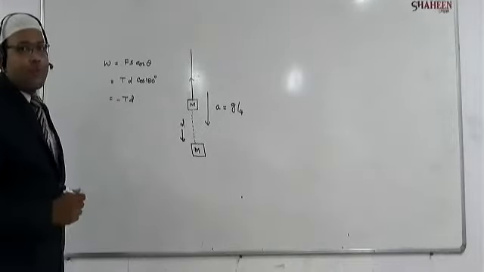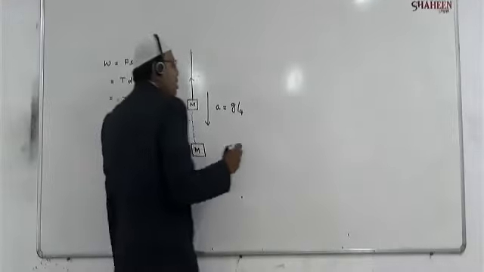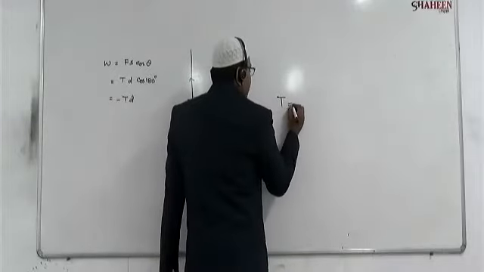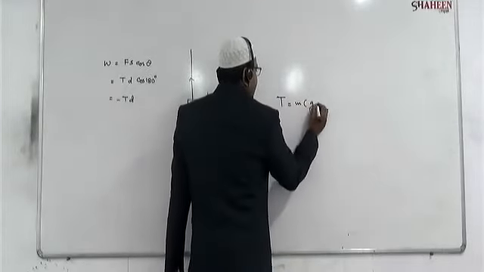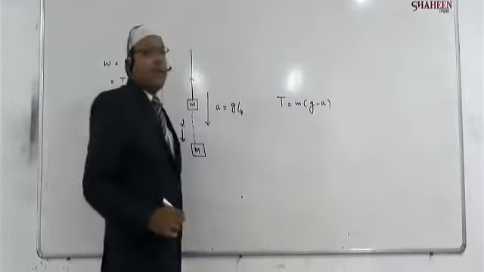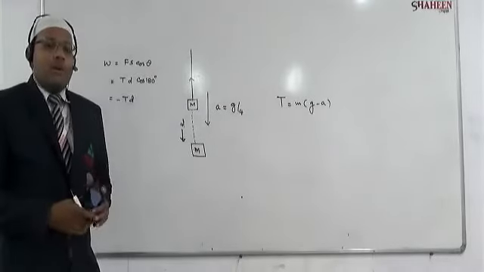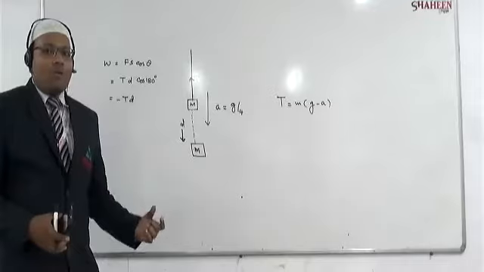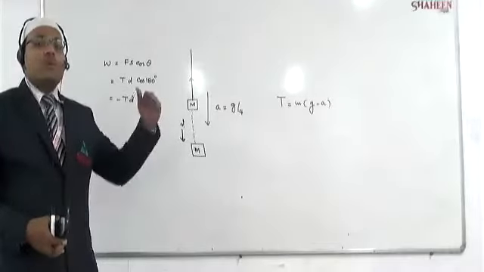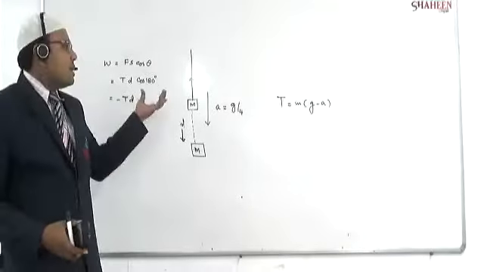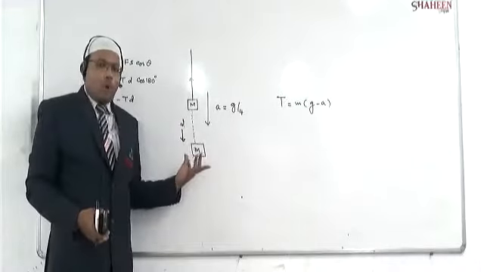Now let us substitute what is tension in this. So when the block is coming down, tension is equal to m into (g minus a). This we have already done under laws of motion. When the block or the lift is coming down, it is g minus a. When the lift is going up, it is g plus a. So it is not the lift but the block. ये block है, it is coming down.